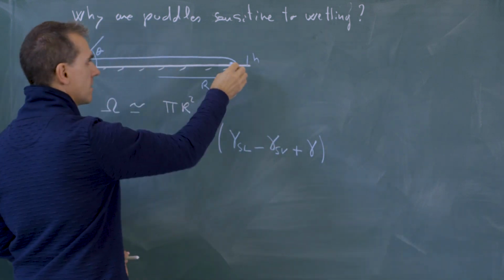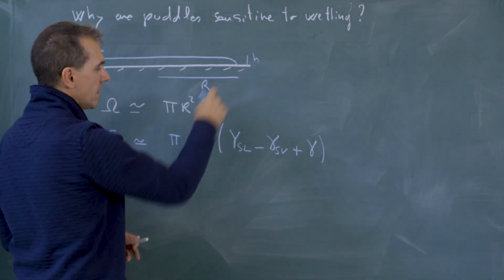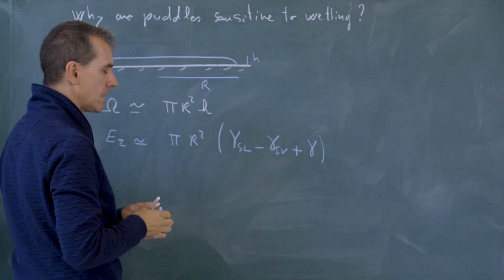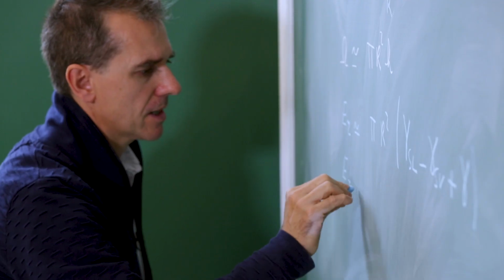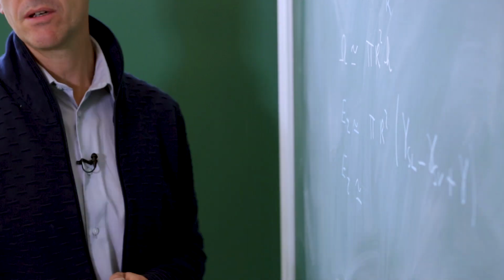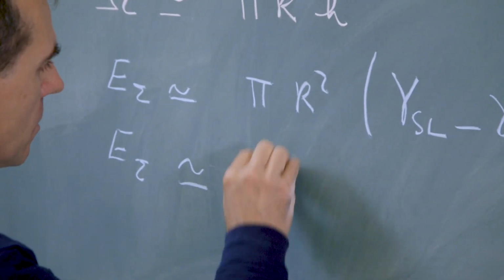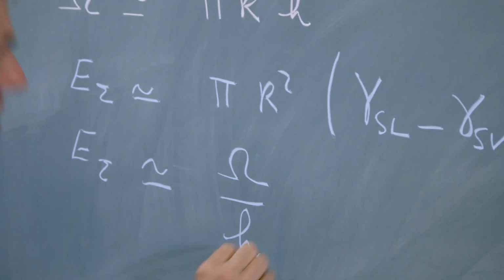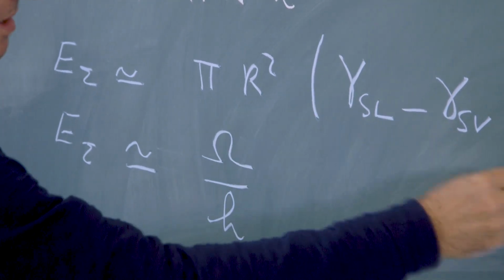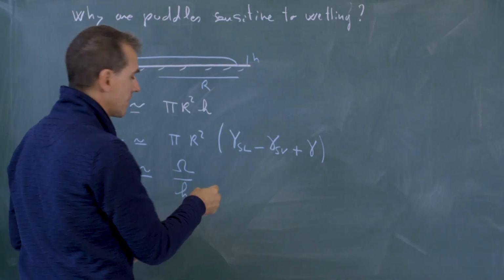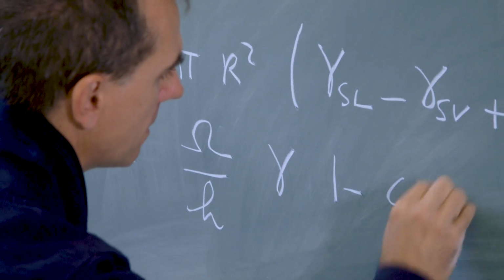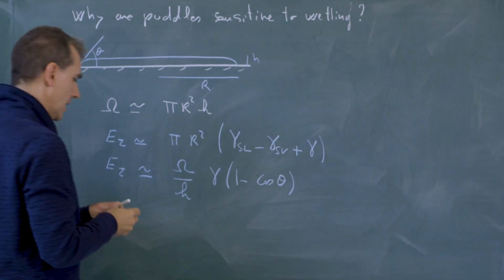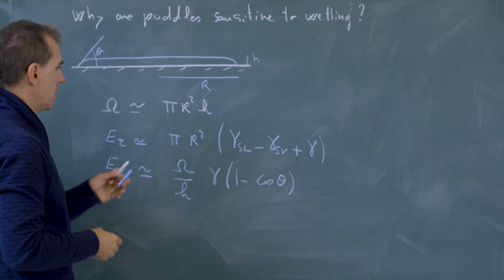And we neglect the surfaces associated to the edges, which are smaller. This surface energy can be rewritten using the volume as omega divided by h, and this term, according to the Young equation, can be written gamma times 1 minus cosine theta. This is the expression of surface energy.